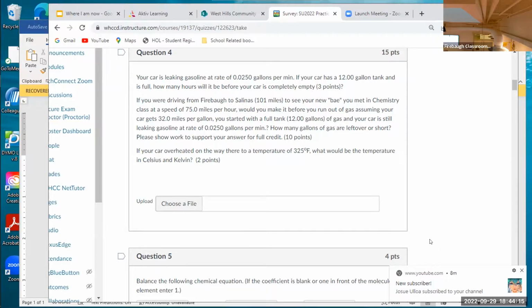So this is the same thing as saying 325 minus 32 over 1.8. You should put some parentheses, otherwise. 162.77.